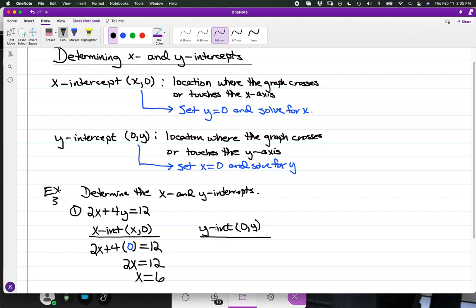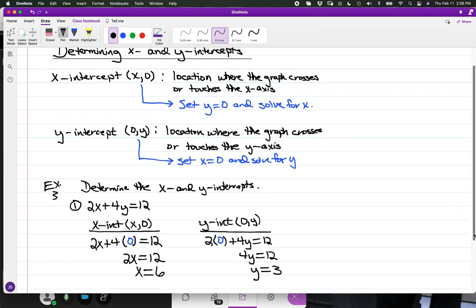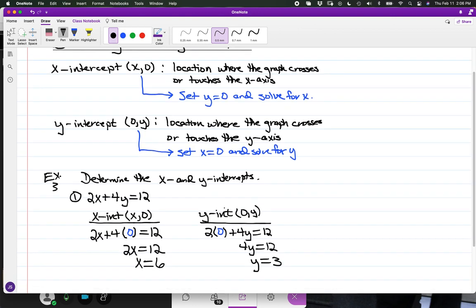Now for the y-intercept, same equation, this time solving for y with x set to 0. So 2 times 0 is 0, and we have 4y equal to 12, so y is equal to 3. We have x at 6 for the x-intercept and y at 3 for the y-intercept.